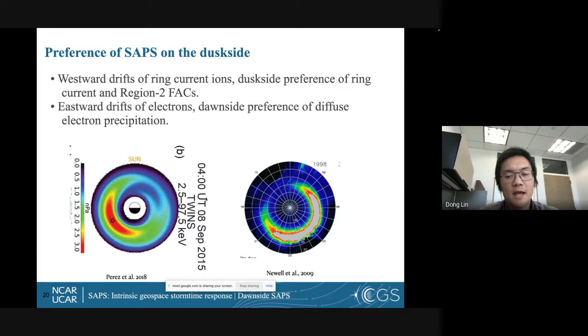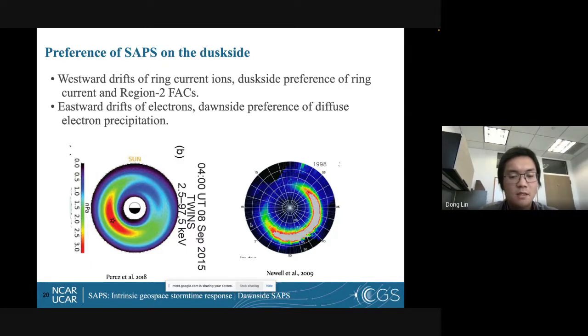But on the other hand, the electrons in the magnetosphere tend to drift eastward because of the opposite sign. So the electron precipitation tends to be more favored in the midnight to dawn sector, which is also well known and has been demonstrated in statistical results.